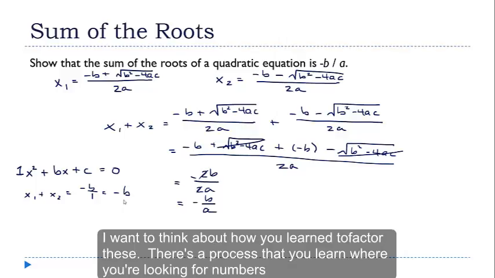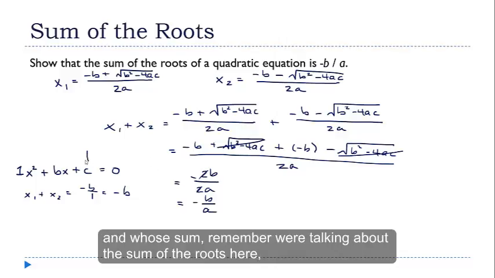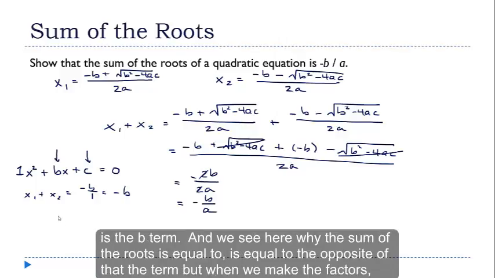And I want you to think about how you learn to factor these. There's a process where you're looking for numbers whose product is the c term, and whose sum, and we're talking about the sum of the roots here, is the b term, right? And we see here why the sum of the roots is equal to the opposite of the b term.